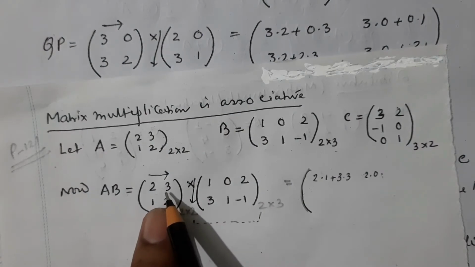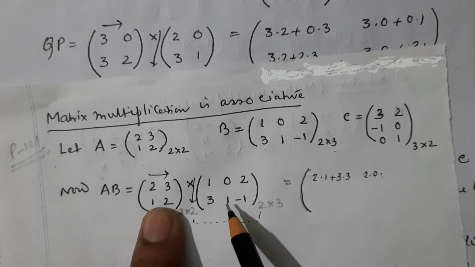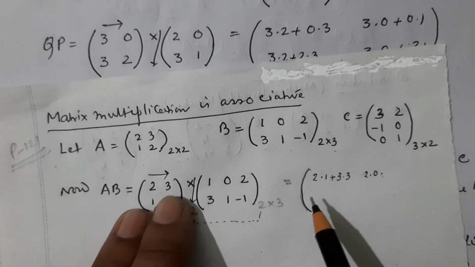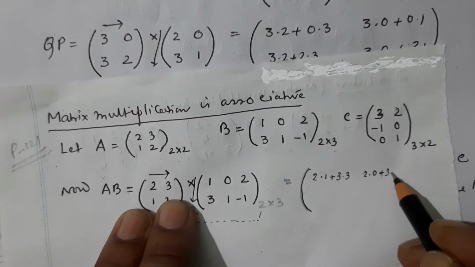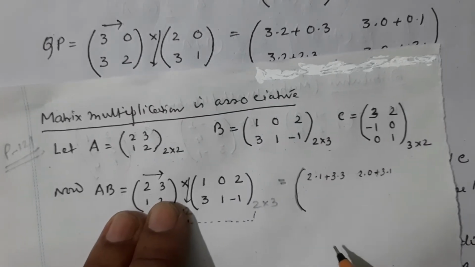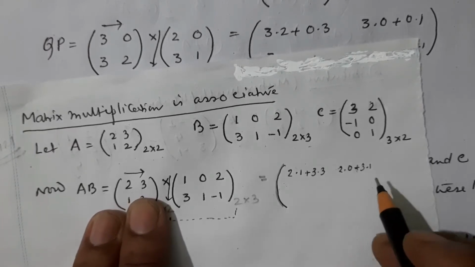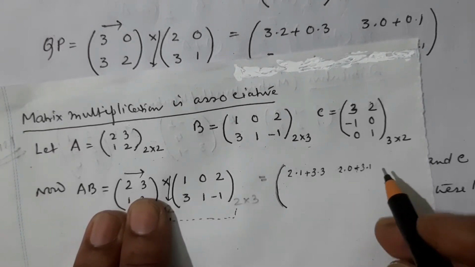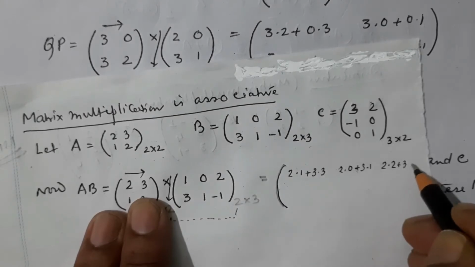First row of the first matrix multiplied with the second column of the second matrix: 2 into 0 plus 3 into 1. First row with the third column: 2 into 2 plus 3 into minus 1.